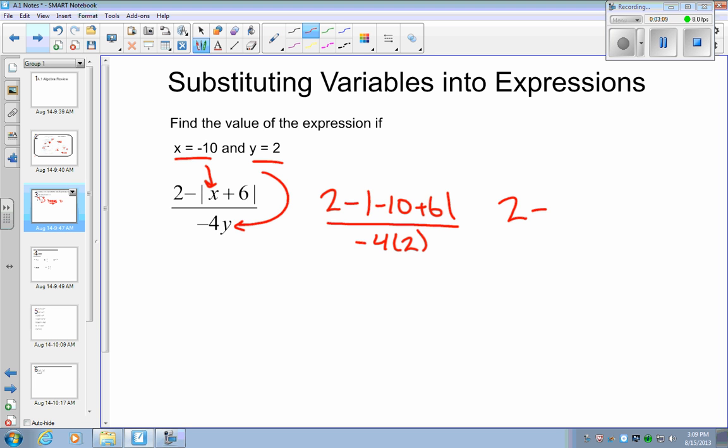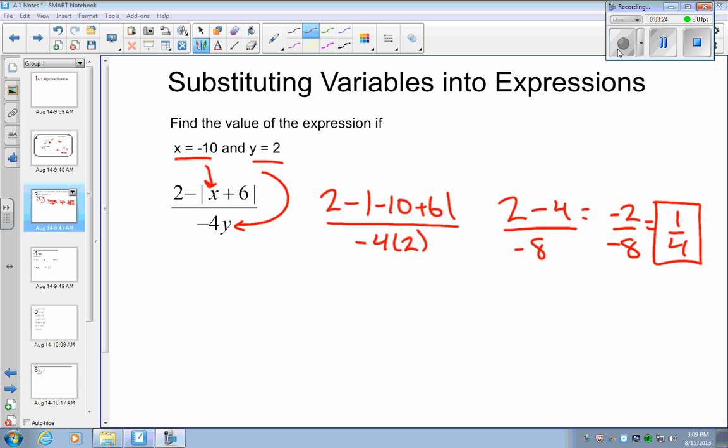So negative 10 plus 6 is negative 4, but the absolute value is going to make that positive here. So your answer comes out to positive 1/4. Make sure when you're doing these, you always reduce your fractions, take care of your negatives, different things like that. Okay, so you guys can expect to work on some simple substitution things.